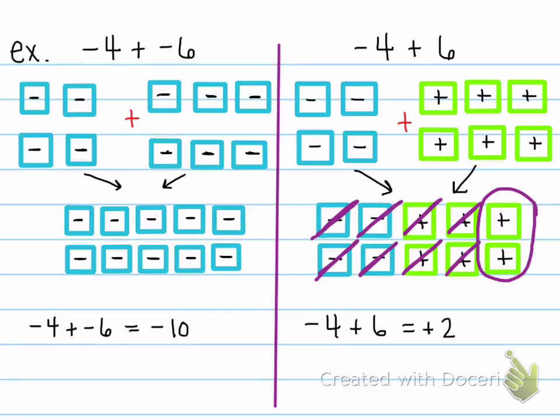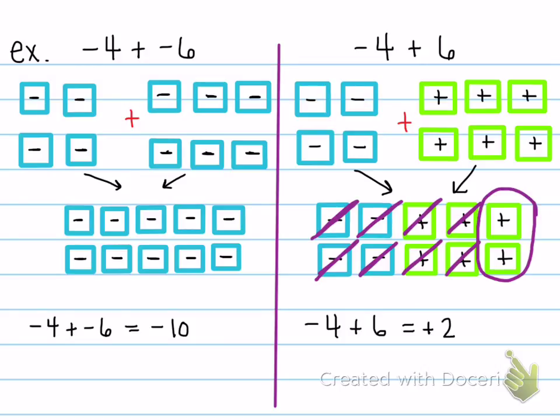Now I want you to think about these numbers. In the first problem, we are doing a negative plus a negative. And again, you're just bringing those negatives together. There's nothing that cancels out. So when you add a negative and a negative, you're really just adding, and it keeps that same sign. When you have a negative and a positive, all those pairs are going to cancel out.